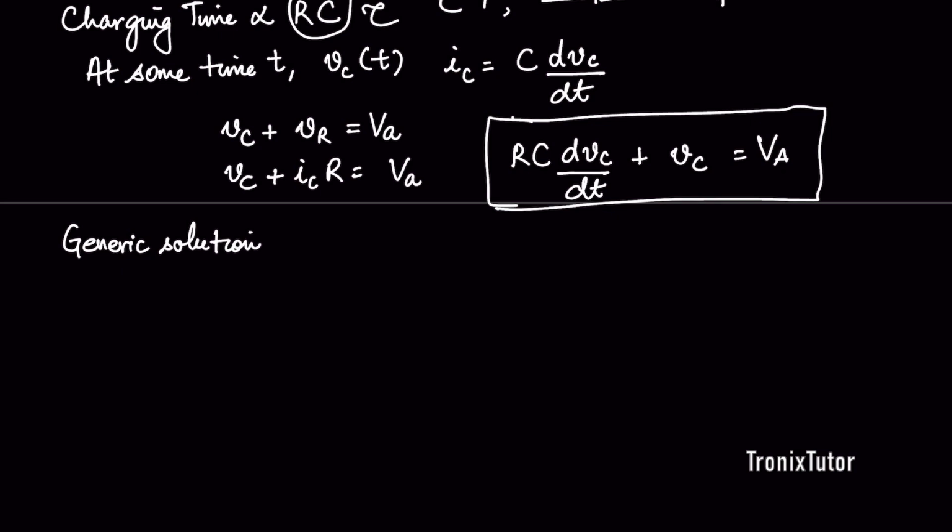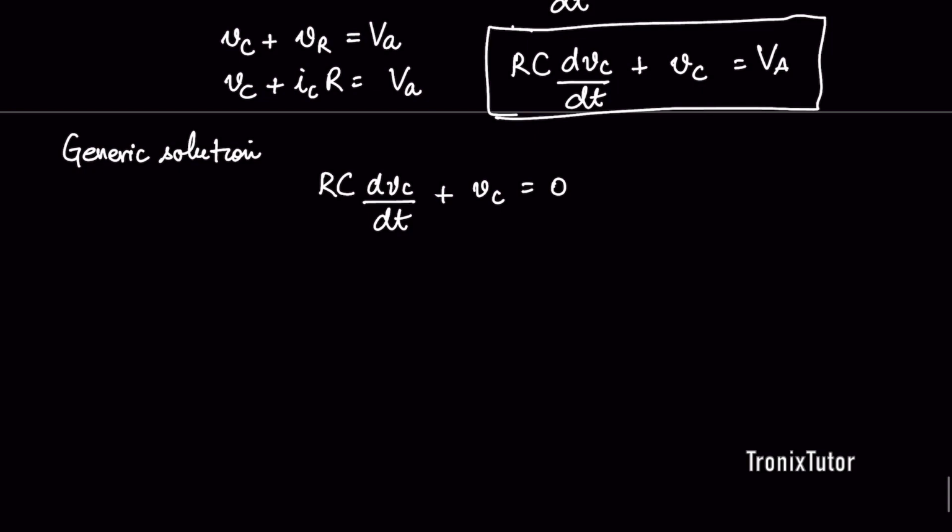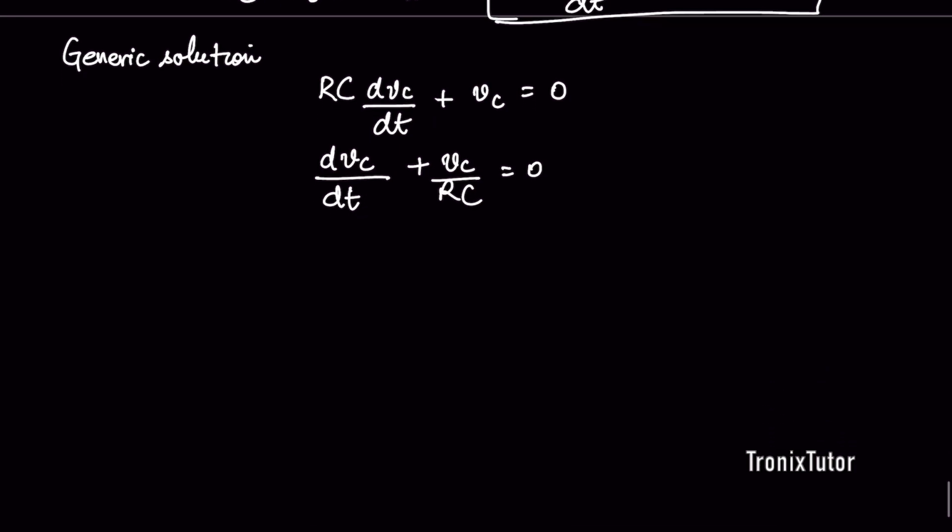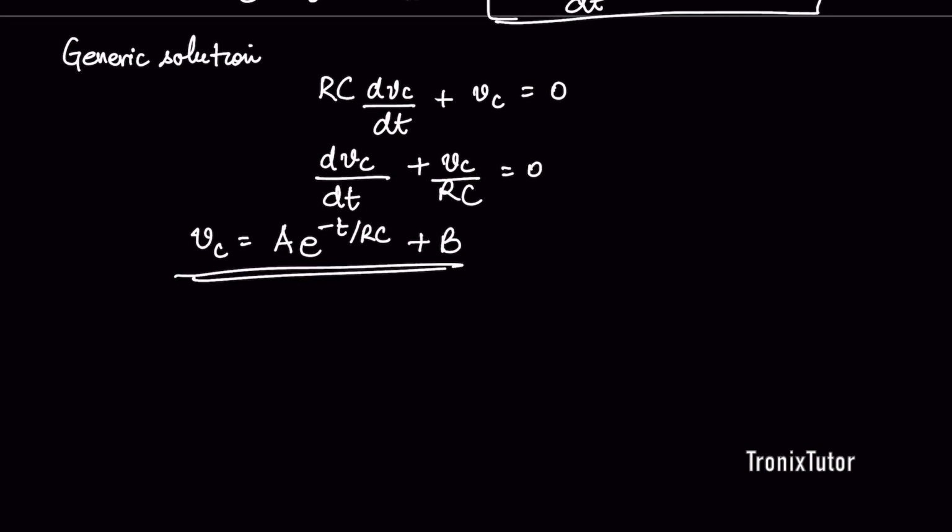So the generic solution is given by RC dVc by dt plus Vc is equal to 0, right? And this is again similar to what we discussed in the discharging case. So the solution for this equation is going to have the form Vc is equal to A e power minus t by RC plus B. This is the generic form for the voltage in this system.